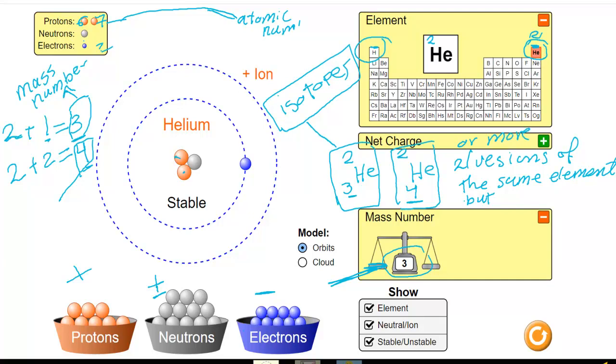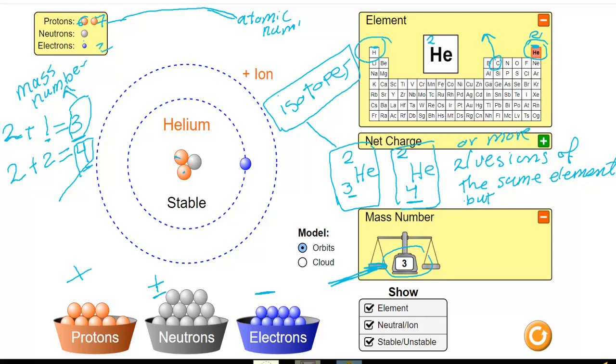There can be 3, there can be 4, there can be 5. Not the same one, not helium, but other elements, carbon for example, carbon is 6. This one here has more isotopes, and we will talk about it in a minute.